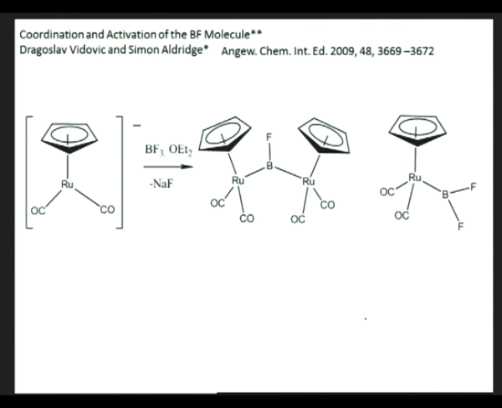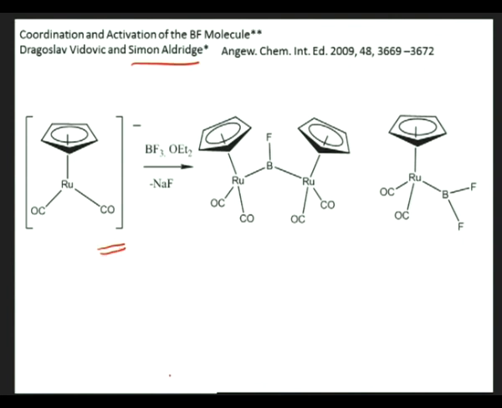So, coming back to the BF molecule, very recently it has been possible for Simon Aldridge to synthesize a BF molecule, which is again a bridging molecule, synthesized by treating the ruthenium carbonylate anion with BF3 etherate.